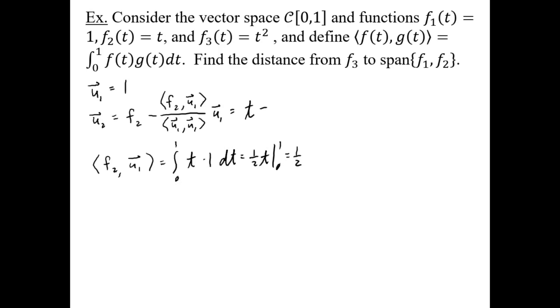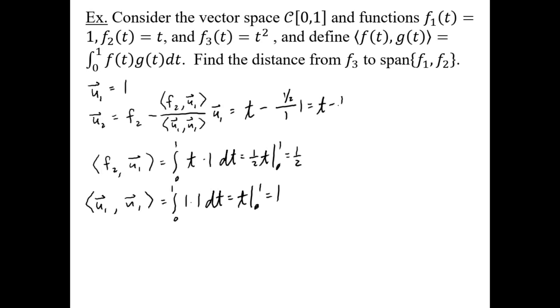And then the inner product of u1 with itself would be the integral from 0 to 1 of 1 times 1, which would just be 1. So the top was 1/2, the bottom was 1, and then u1 was 1. So I'm getting t minus 1/2.